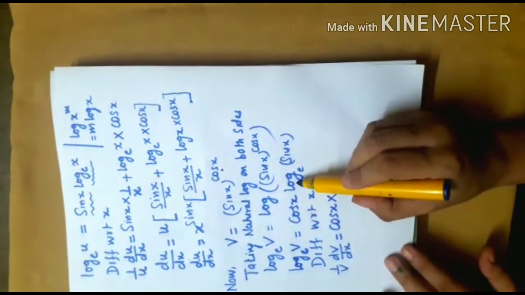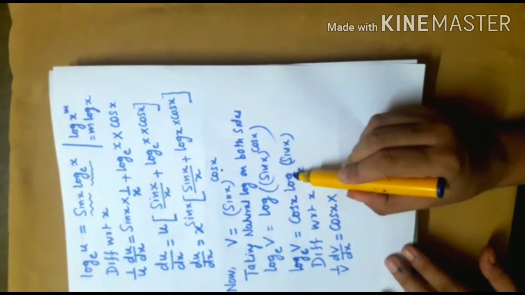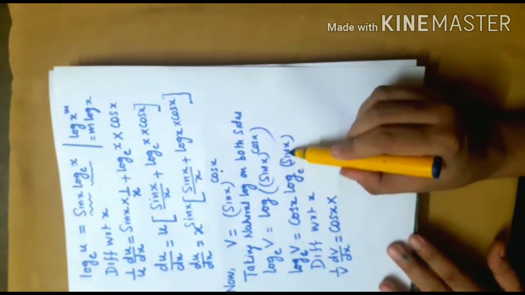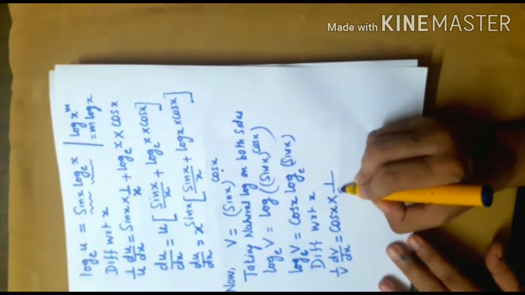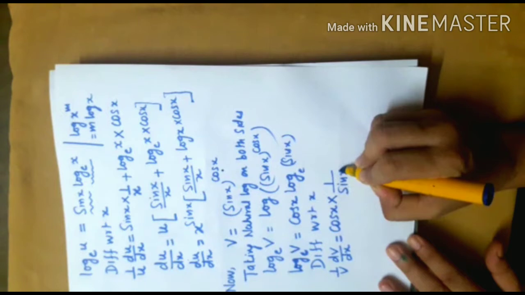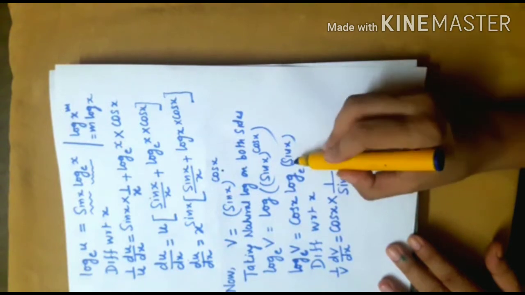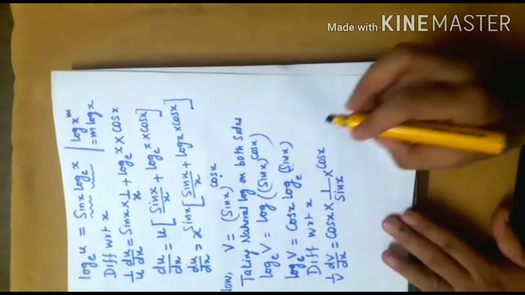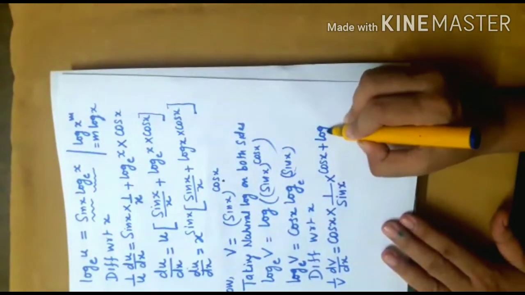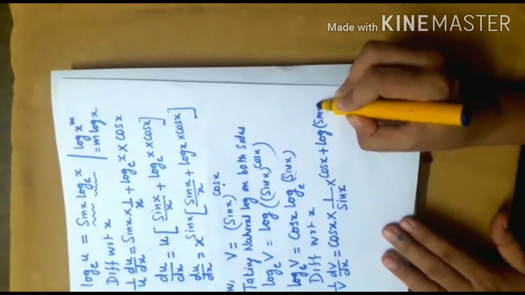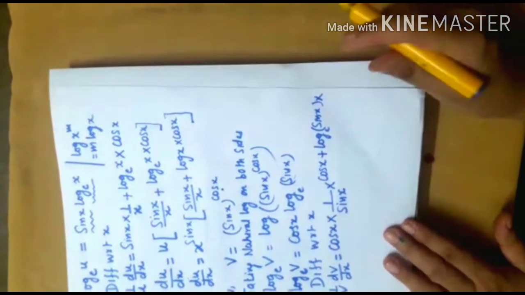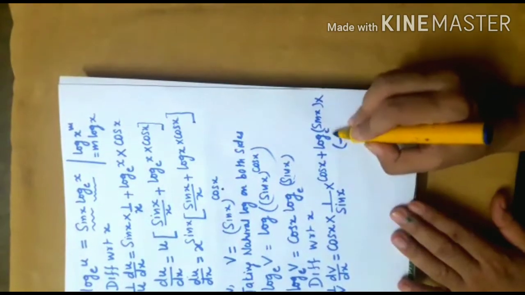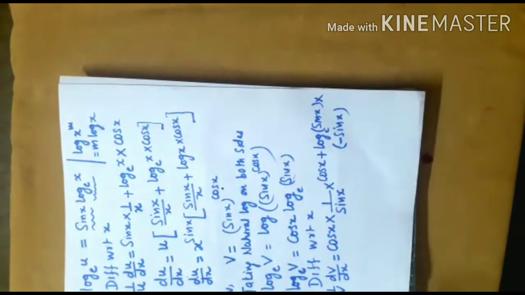So first write down the derivative of the outer function without changing the inside function. So it is log x form. So the derivative will be 1 over sin x into the derivative of the inside function, which is cos x, plus log sin x into the derivative of the first function, which is minus sin x.